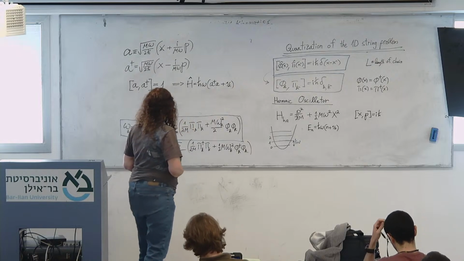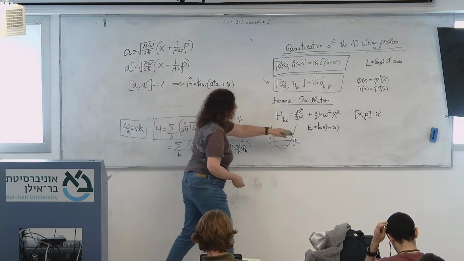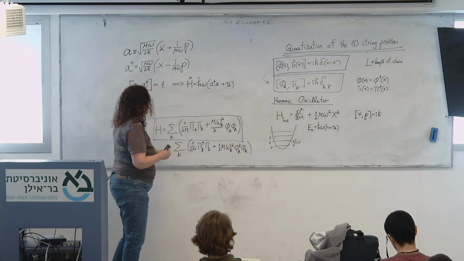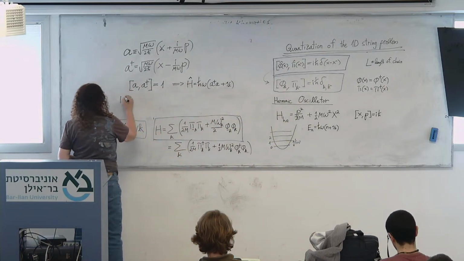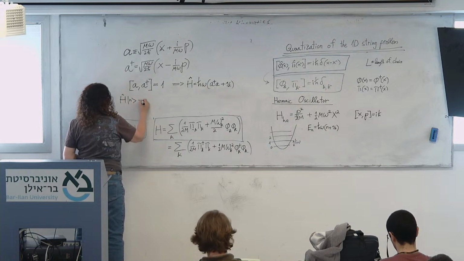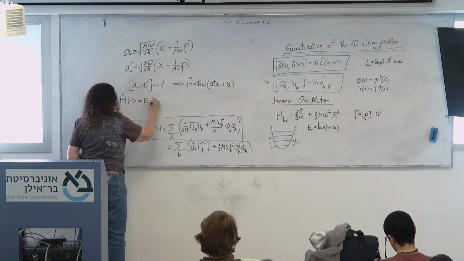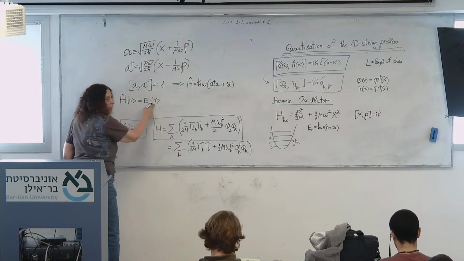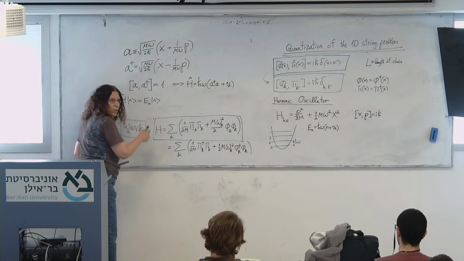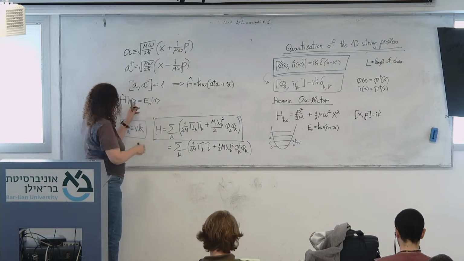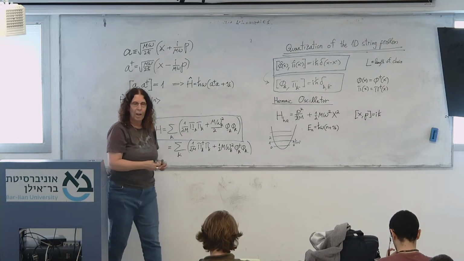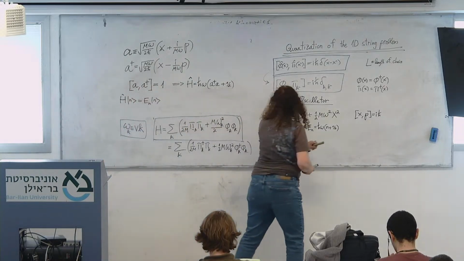The easy and elegant way of finding this spectrum is noticing that the solutions for the Schrödinger equation, the eigenstates, where n corresponds to the single particle wave function that has the eigenvalue E_n, and E_n is this.